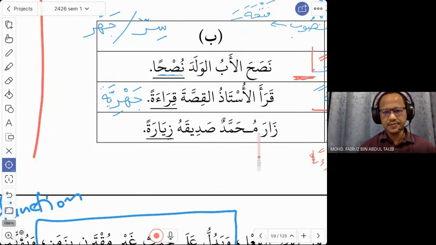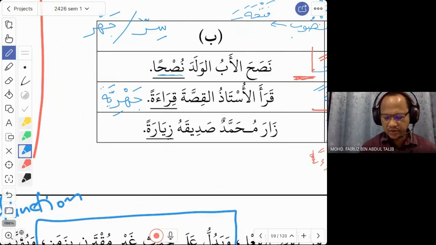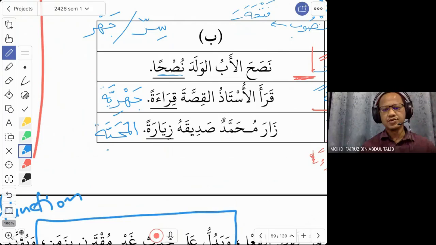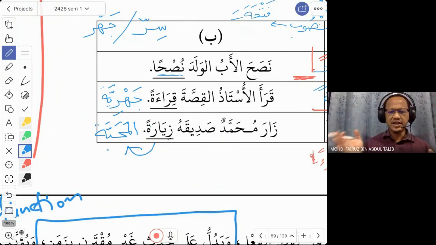What kind of visit? So you add another word. For example, here I say ziyaratal mahabbah. Mahabbah, love, right? So ziyaratal mahabbah, a visit of love. So now the word ziyarah is joined to this word, connected to the word mahabbah using this mudaf ilaih function.